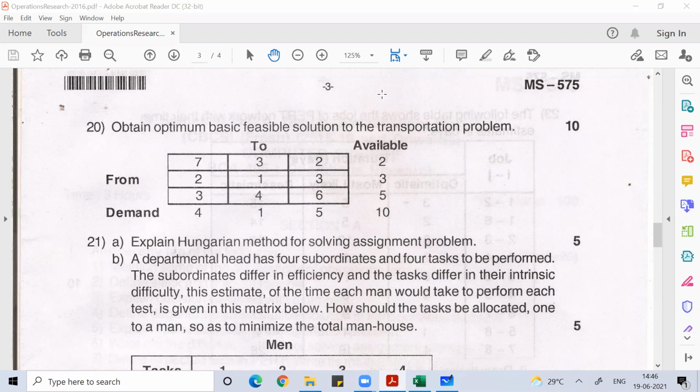So if ever you have to choose one method out of the three to get the optimal solution, my sincere suggestion for all of you is to use the Vogel approximation method only.